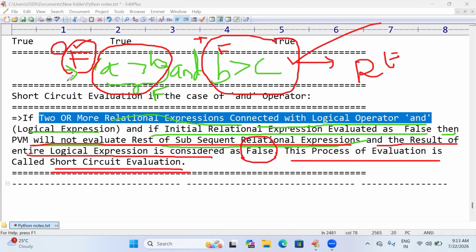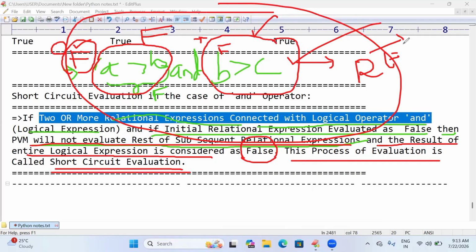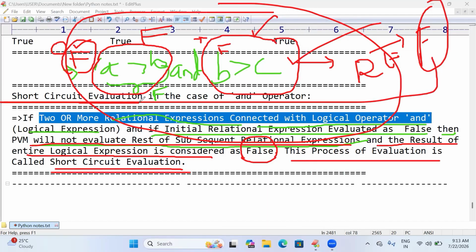I'm repeating once again: whenever the first relational expression is false, PVM does not evaluate the subsequent relational expressions, and the entire logical expression result is considered false. This type of evaluation is known as short circuit evaluation.